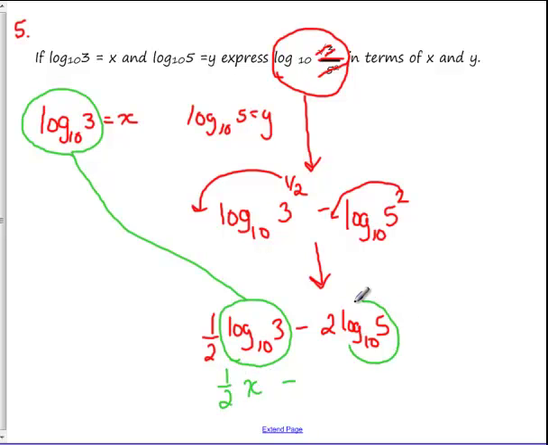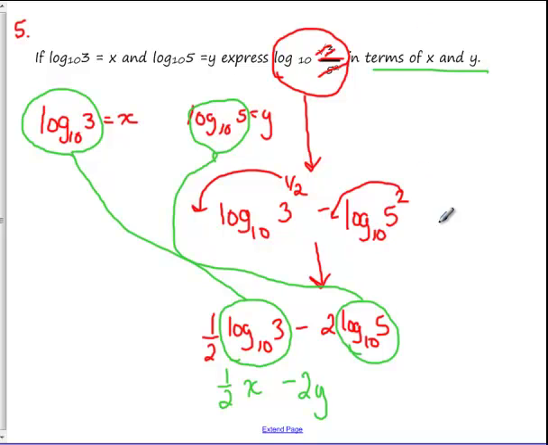And look what I can replace that with: a y. So there you have it. You did this in terms of x and y. Here's your x and here's your y. Done.